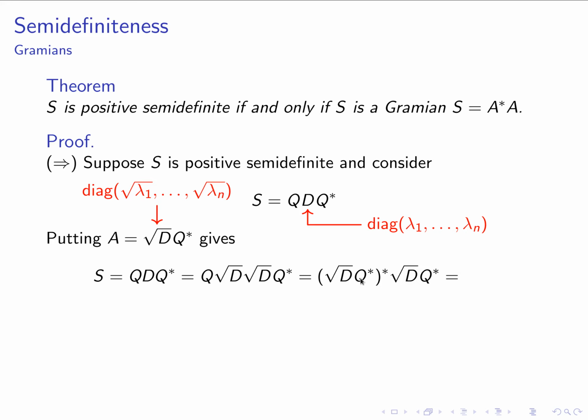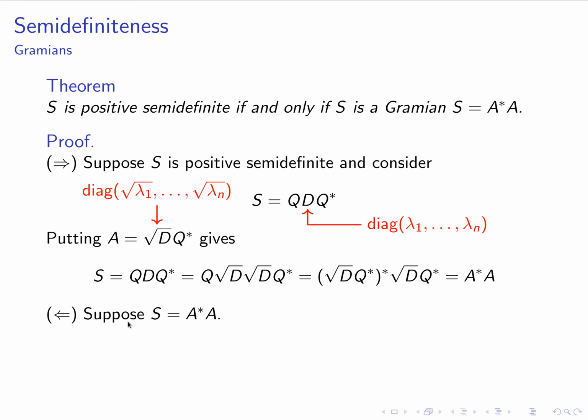And root D times Q star is the same thing as A star. So this is the same thing as A star times A, or the Gramian of A. So that establishes the first part of the theorem. If your matrix is positive semi-definite, you can represent that matrix as the Gramian of another matrix A by finding a spectral factorization and then defining A as root D times Q star.